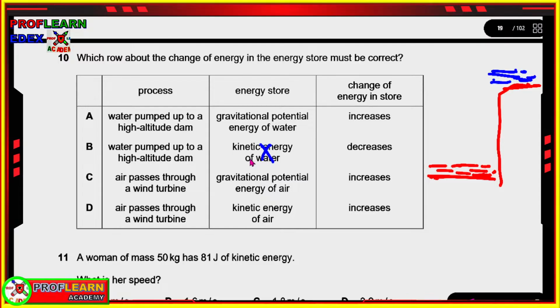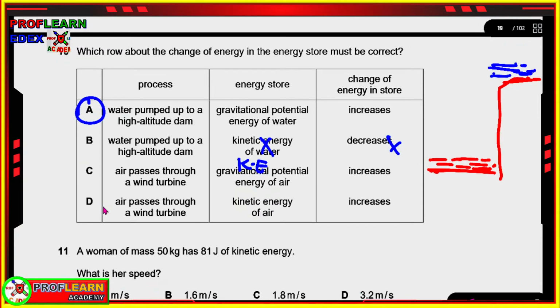We are talking about the gravitational potential energy. It does not decrease when it's moving to the high level. Air passes through a wind turbine. Here we are going to talk about kinetic energy. So more convincingly we can say that is A.